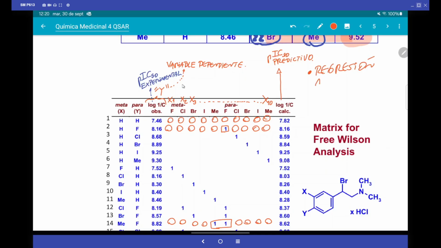And I am going to explain that when I demonstrate the Hansch equation, because in the Hansch proposal the behavior is better explained in logarithmic terms. I mean, the biological behavior of a molecule is explained better, and that comes from how the molecule goes through biological membranes. And I am going to explain it now.